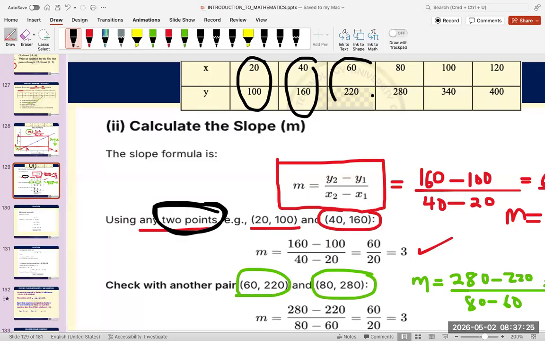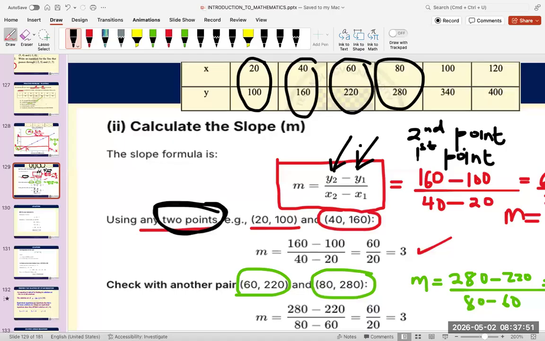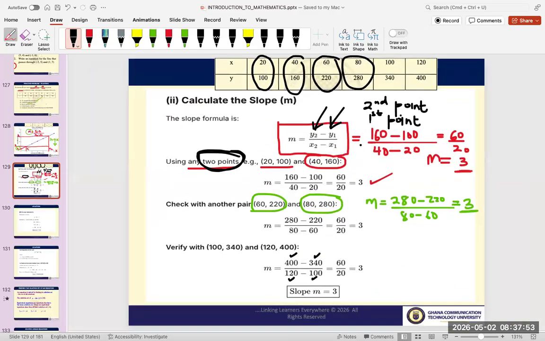You only choose 2 points because we have Y2 minus Y1. The two you are seeing here is second point. And the one you are seeing here means first point. That's what it means. So you don't choose two numbers, you choose 2 points. Is it clear?